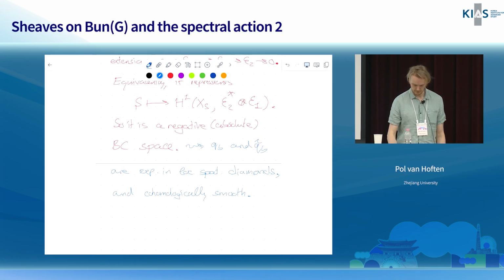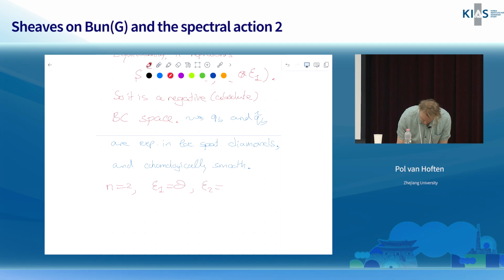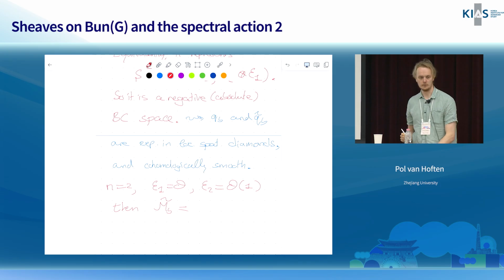Okay. So if I specialize a little bit further, I could choose n to be 2, and I have E1 is O and E2 is O(1), then M_B tilde has a much more explicit description. It's essentially a formal scheme.